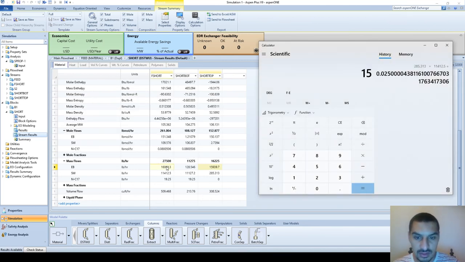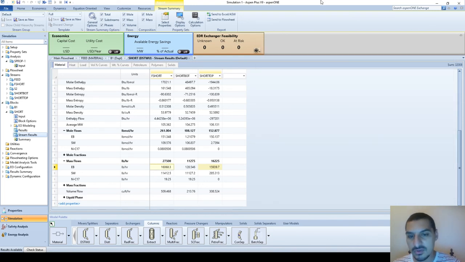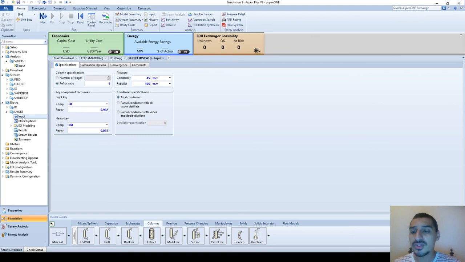So 15,939.7 divided by 16,068.3. So it's 99.19996. So it's 99.2. So it's exactly doing what we were looking for. So the separation is totally fine. And we know the information that we can use in the rigorous mode to do the calculations.